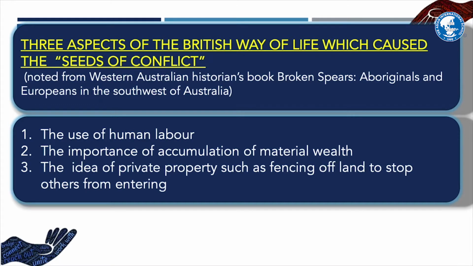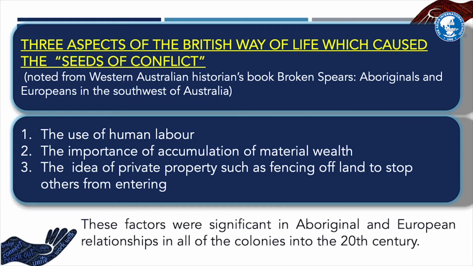Second, Europeans were so concerned with accumulating material wealth, and the idea of private property, such as fencing off the land to stop others from entering, caused conflicts between Europeans and Aboriginals over land. This led to battles, wars, massacres, and others. And these factors were significant in Aboriginal and European relationships in all of the colonies into the 20th century.